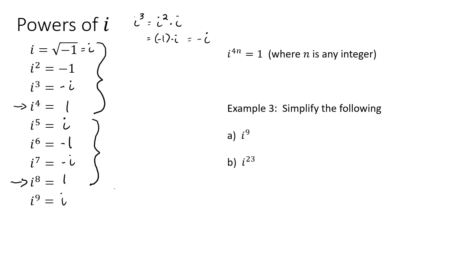So if I want to evaluate i to the 9th, for example, the biggest multiple of 4 that doesn't pass that would be i to the 8th. So if I pull those out, i to the 9th you can think of as i to the 8th times i to the 1st power. But since we know any multiple of 4 as an exponent of i ends up being 1, that term always just goes away. And so it's just the i to the first power that we're left with, which is the same thing that we see down here in the pattern.